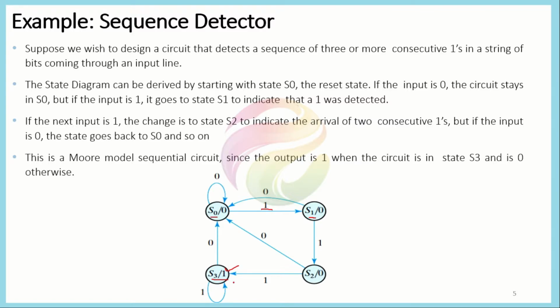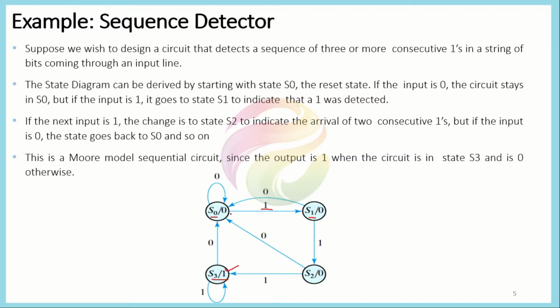Whenever a 1 occurs after this point, it will remain at this state. But if a 0 occurs, our system will again move to the reset state. In this way, this whole state diagram represents the behavior of a sequence detector that detects three or more consecutive ones in a bit stream.